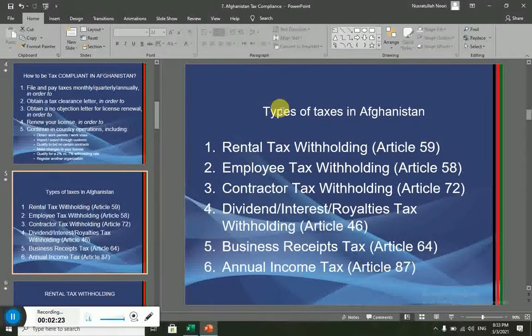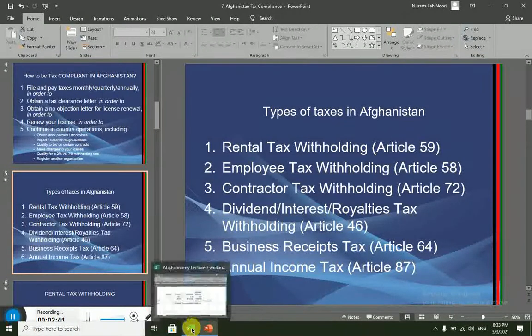So before we start the discussion on today's topic, which is dividend, interest, royalties, tax withholding, I would like to go through the previous lecture shortly.